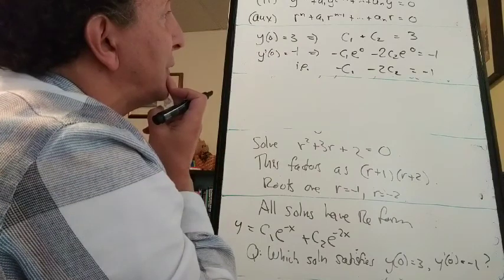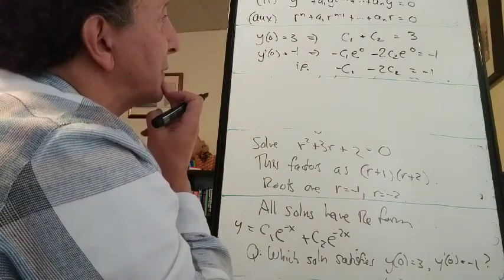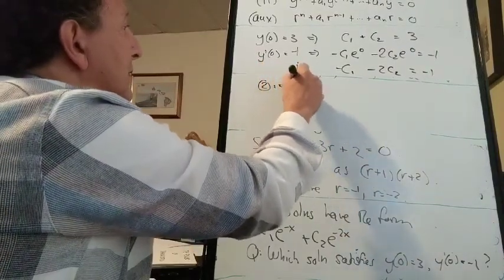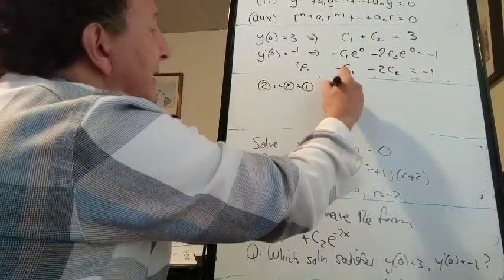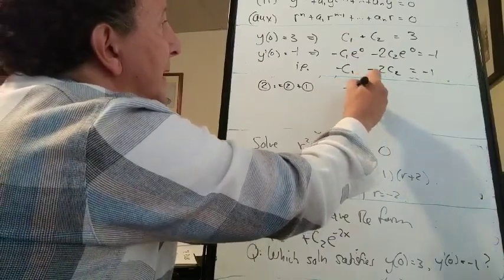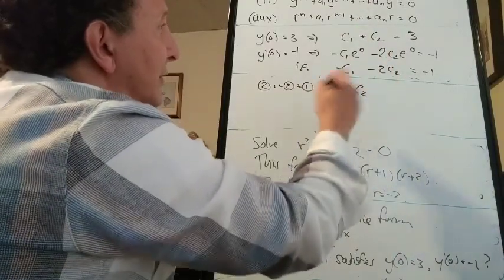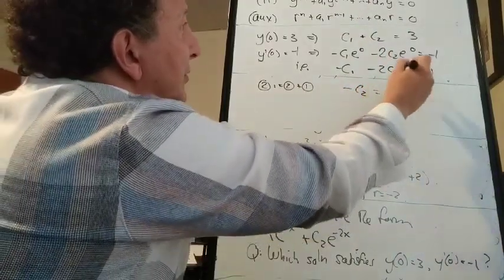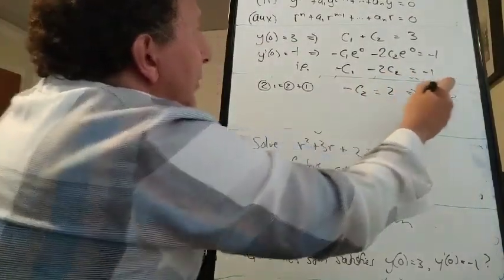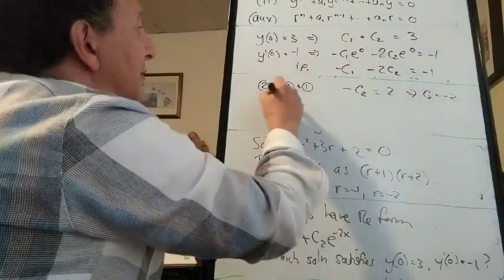In fact, if we let the second equation be second equation plus the first, then we get 0C1 minus 2C2 plus 1C2, which is minus 1C2, equals 2, which means that C2 equals -2. And if C2 equals -2, then C1 equals 5.